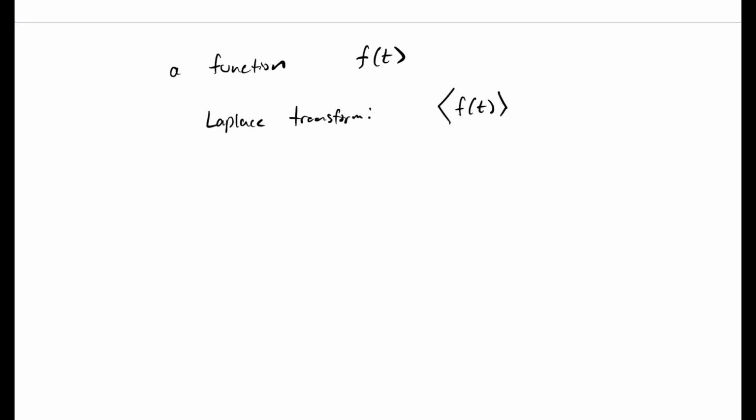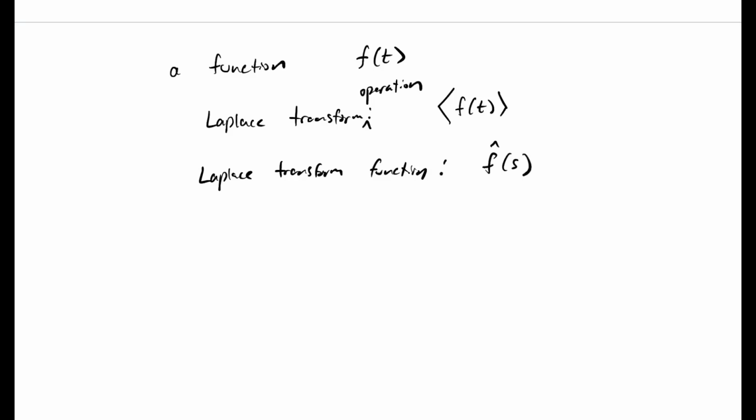The Laplace transform itself, the function, would be written as f hat of s.